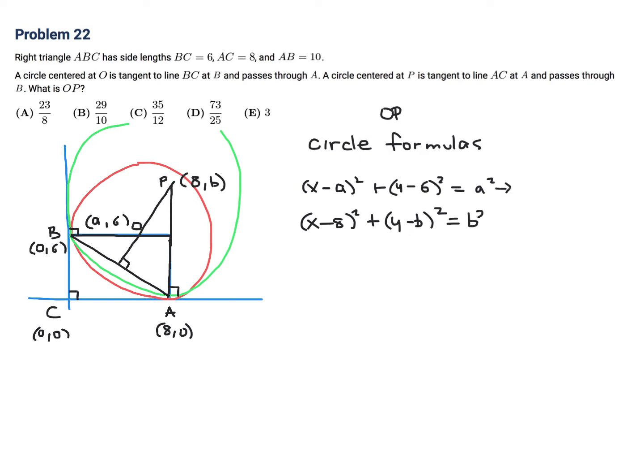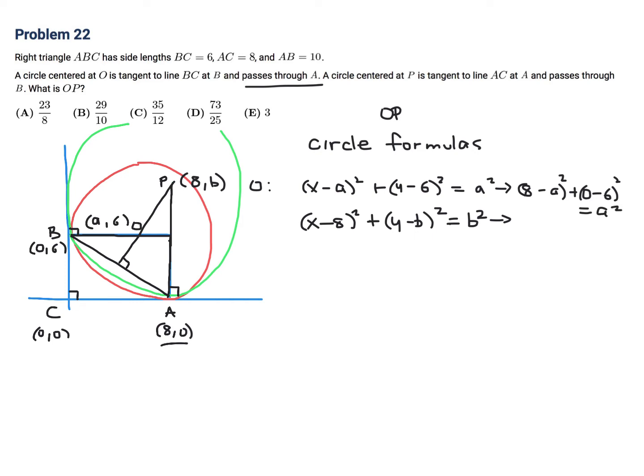Okay, well, both of these, the good news is that we have a point on both of them. For example, on the circle that's centered at O, we have the point 8, 0. The circle centered at O passes through A. So we can substitute 8, 0 into that. So we can put (8 minus a) all squared plus (0 minus a) all squared is equal to a squared.